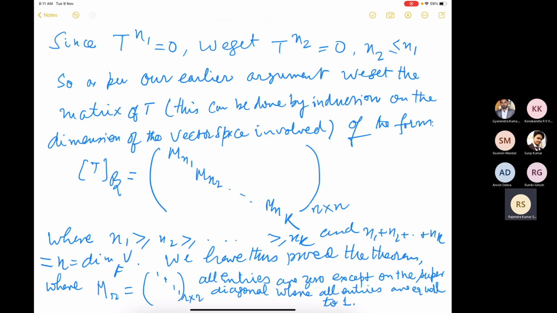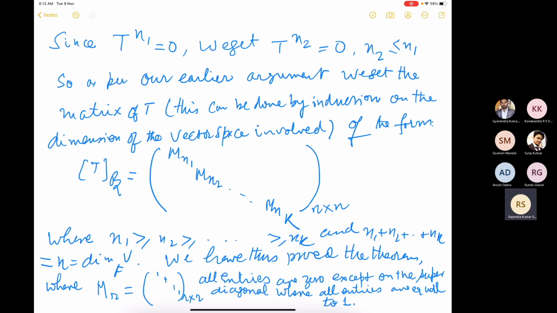The point is that now the linear transformation need not be nilpotent. So what can be said about such linear transformations on a finite dimensional vector space? If all the characteristic roots lie in F, then we can prove something like this, that there is a basis with respect to which the matrix of T will be of a particular form.